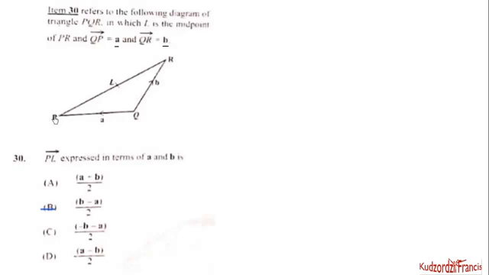So we know PL is half of PR. So vector PL is equal to half of PR, and we need to express PR in terms of the position vectors A and B.